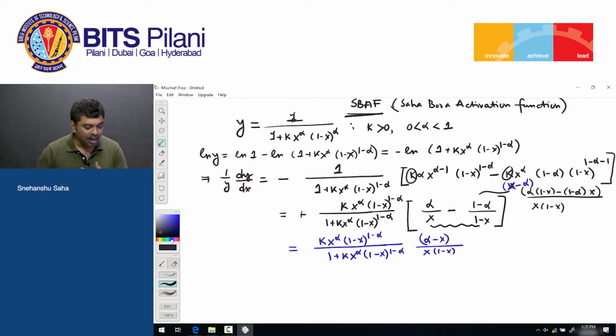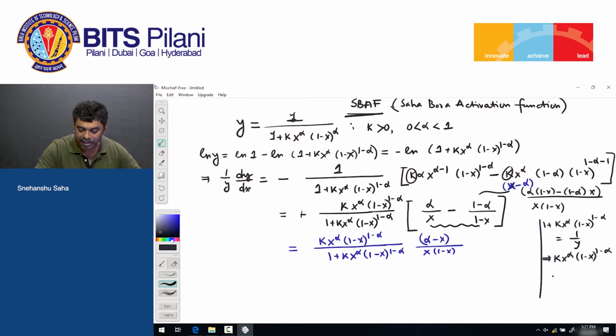It still looks kind of clumsy at this point, but I think we can do certain simplifications. First of all, please notice from this relationship that 1 plus k x to the power alpha, 1 minus x to the power 1 minus alpha is nothing but 1 over y, and therefore k x to the power alpha, 1 minus x to the power 1 minus alpha can be simplified as 1 over y minus 1, which is 1 minus y over y.